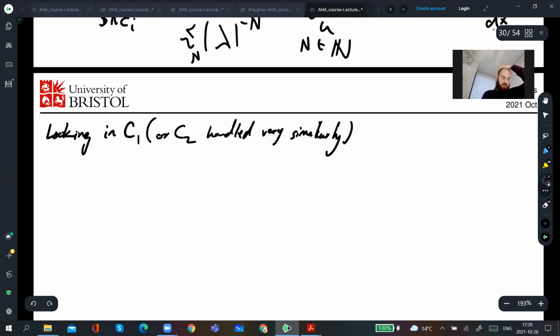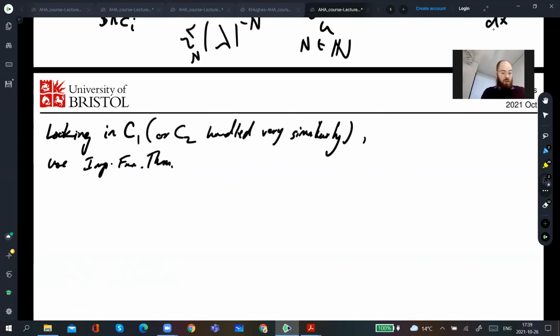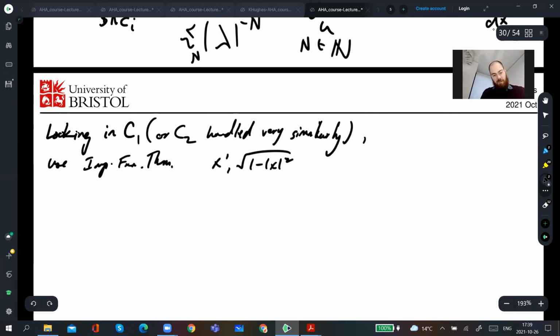So looking inside C1, we are going to use the implicit function theorem now to write our coordinates as x prime and the square root of 1 minus x prime squared. That's the normal way to think about a chart.